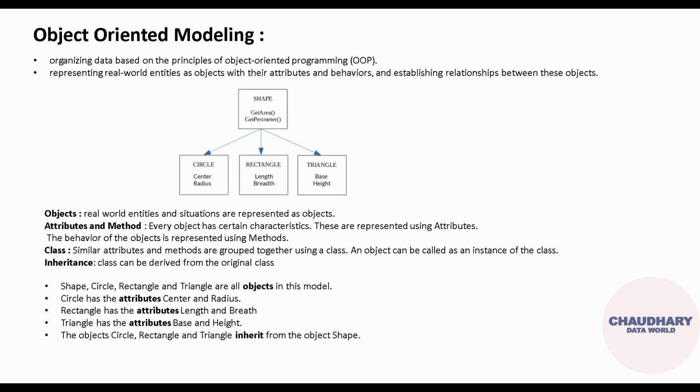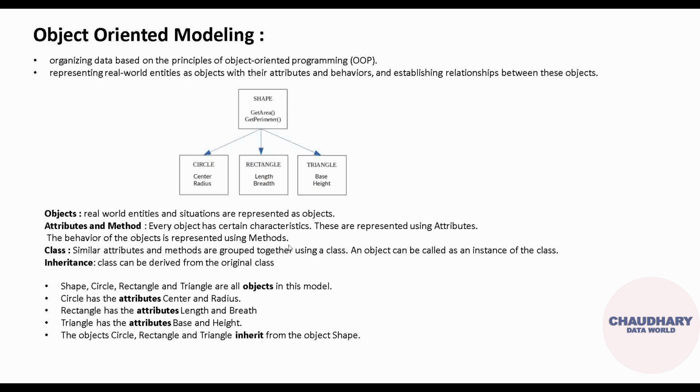Every object has certain characteristics, that is the attributes. The mobile phone will have its specifications, like how long it is, what is the length of the mobile phone, what is the breadth of the mobile phone. All these things come under attributes. So this circle has the attributes center and radius, rectangle has length and breadth, triangle has base and height. And method, the behavior of the object, is represented using methods.